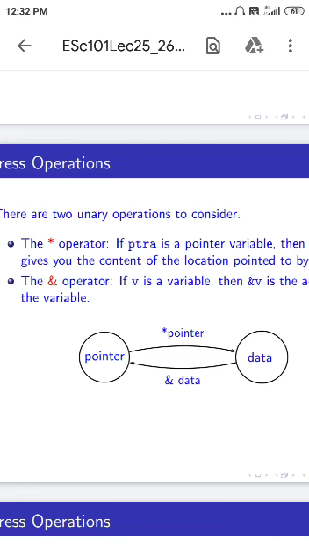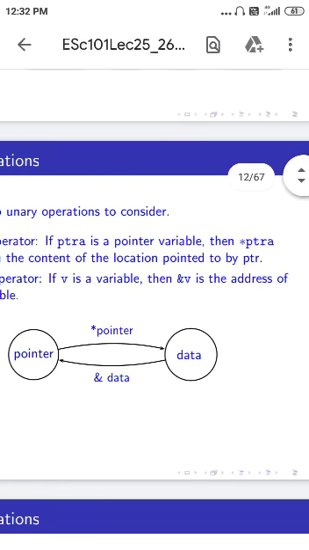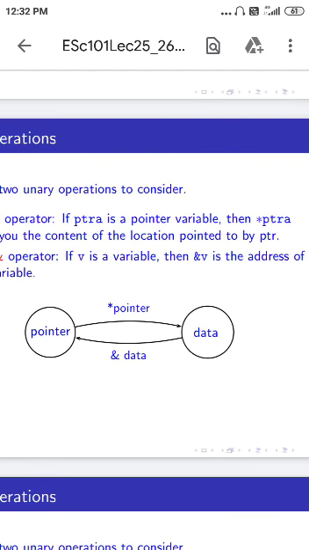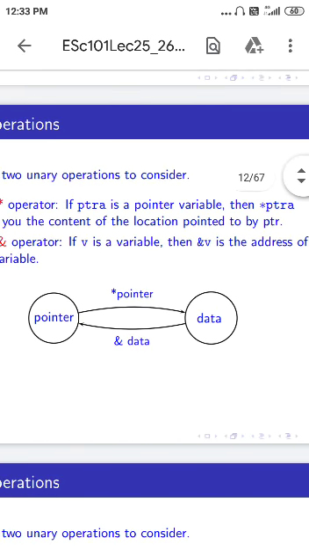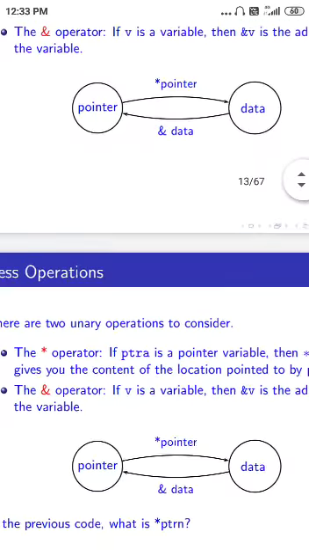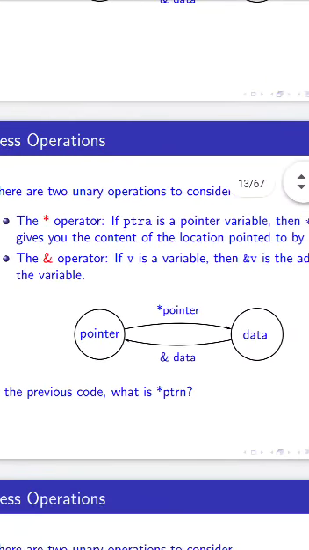And the second one, ampersand data, means the address of data is stored into that pointer. Is that clear? The second one is the same thing.